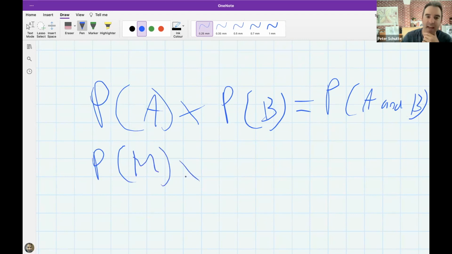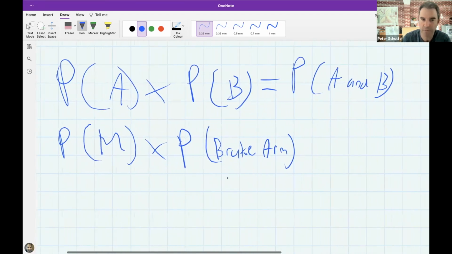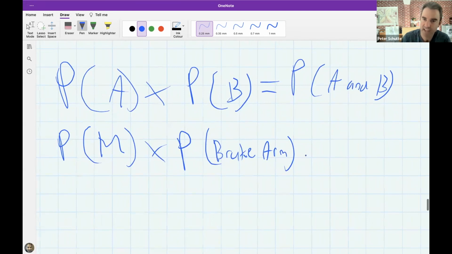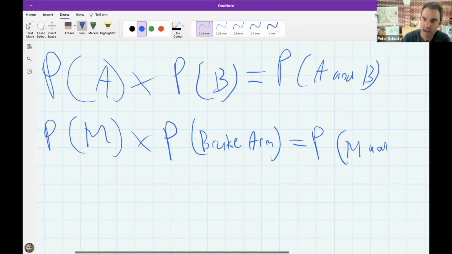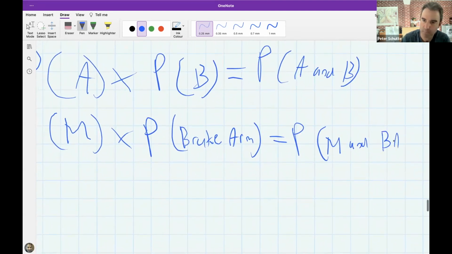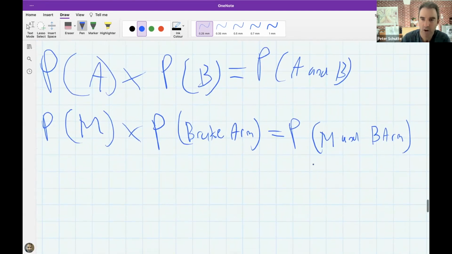And then the probability of B could be breaking your arm, as earlier on. Now, what we need to check to see whether or not these are independent is to check, is this equal to the probability of being male and having a broken arm? So we're trying to check if that equality holds.